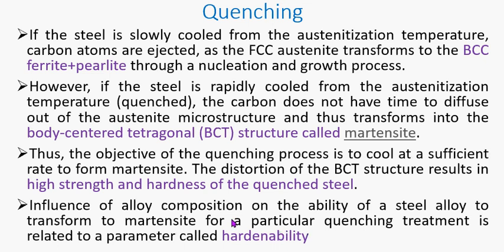The degree to which martensite is formed, whether 80%, 50%, or 100%, we relate with this parameter called hardenability. If it's 100%, we say it has high hardenability. Though there is a benchmark that if martensite is formed at least above 50% all through from the surface to the interior, we say that it has high hardenability.